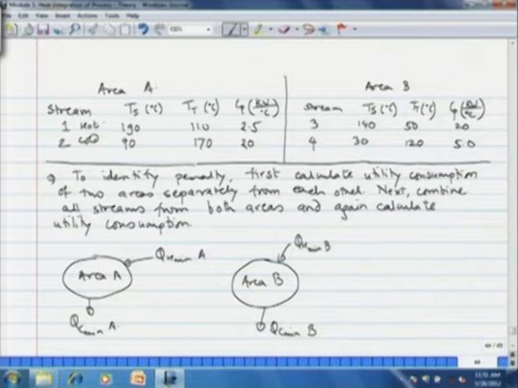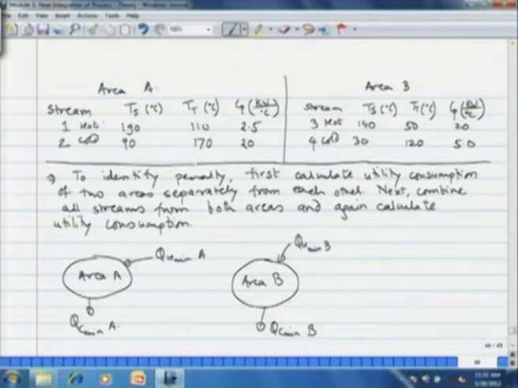Similarly, area B has one hot stream, supply temperature 140, target temperature 50, and another cold stream, supply temperature 30, target temperature 120. The CP values, the heat capacity flow rates in kilowatt per degree centigrade, are also listed. By multiplying the delta T with CP, you will get the heat that is available with the hot stream, and the heat required for the cold stream.